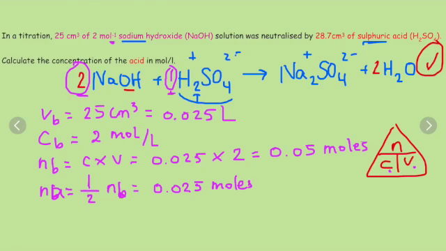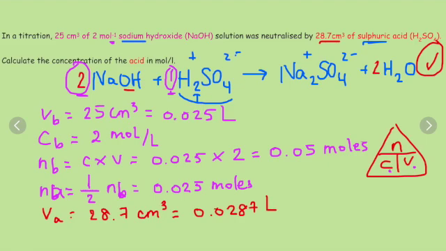And we also knew from the question that we had a volume of acid of 28.7, that's a weird number, but that's how titration works, centimeters cubed, so 0.0287 liters.